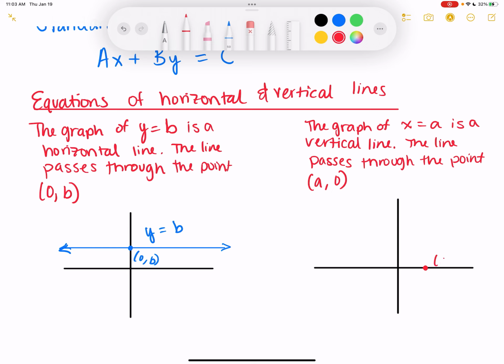This point is (a, 0). It would be a straight up and down line through it, and that equation would be x = a. So if you end up with x equal to something, your point is on the x-axis. If you have y equal to something, it's on the y-axis. I should say if it's equal to just some number, it's on the axis. And it's either a straight up and down line for x equals or a laying down line for y.